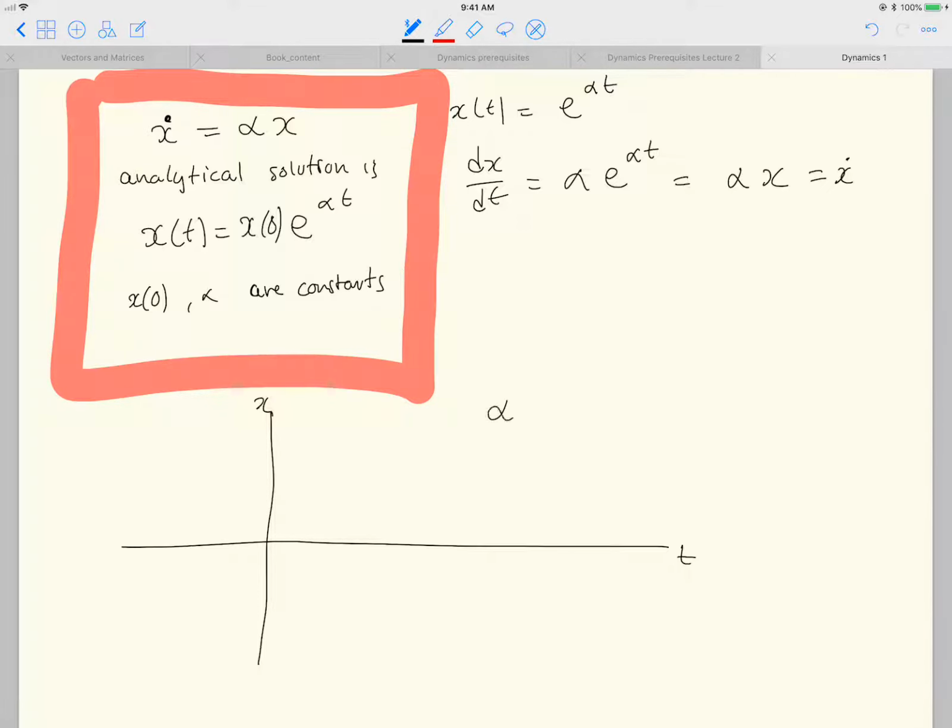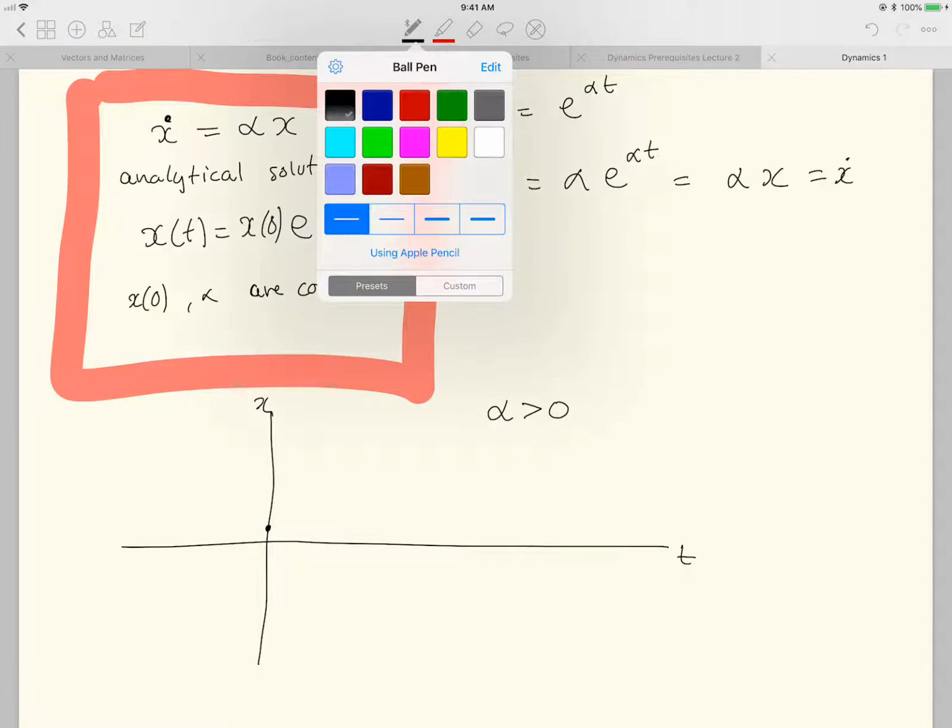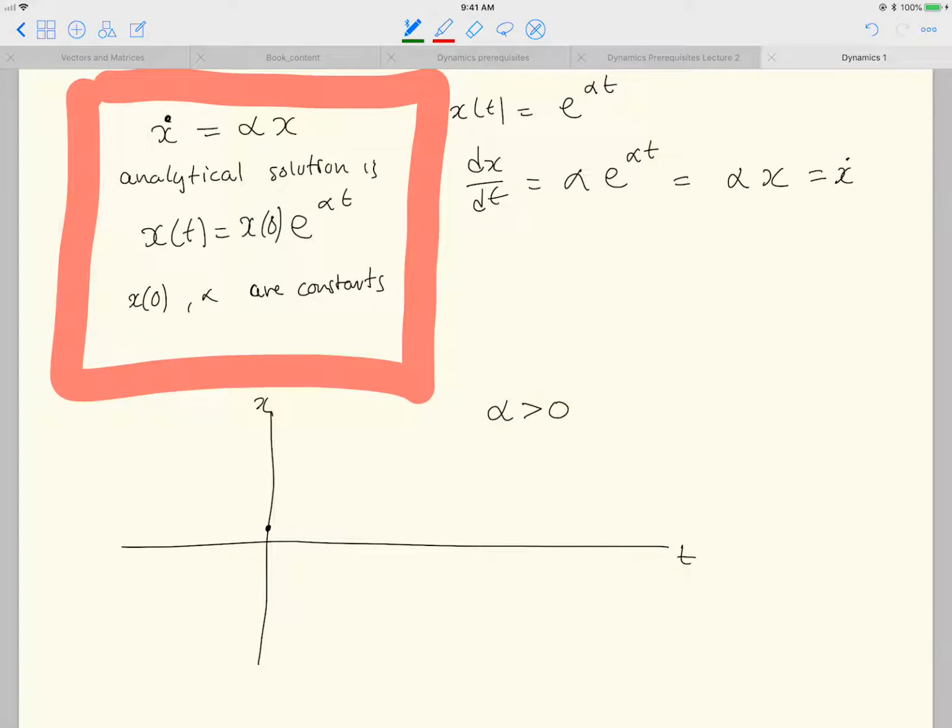So let's plot that out. Let's suppose that alpha were bigger than 0, and at t equals 0, we started at some positive x. What would this look like as t grows?